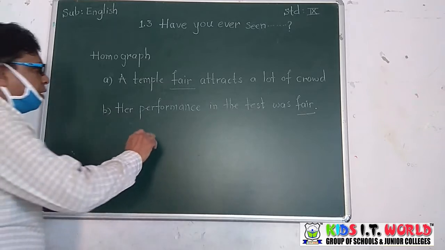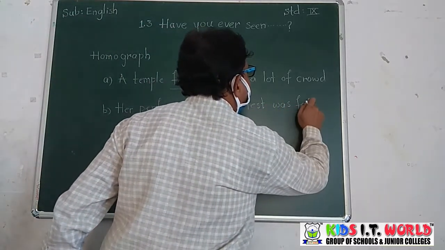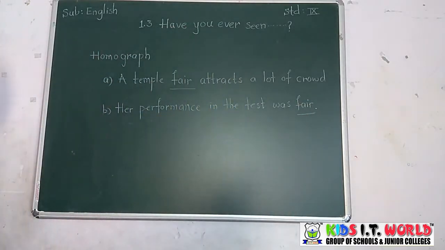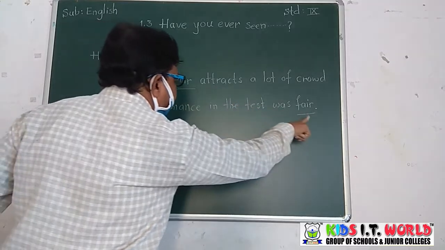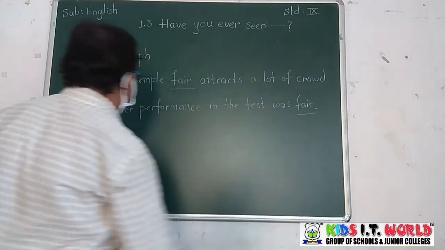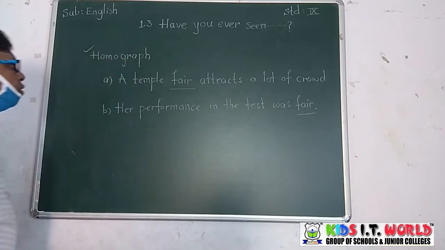But here, her performance in the test was fair. Fair means here good or very nice. So the difference in meaning: both have the same spelling but different meaning. Such words are called homographs.